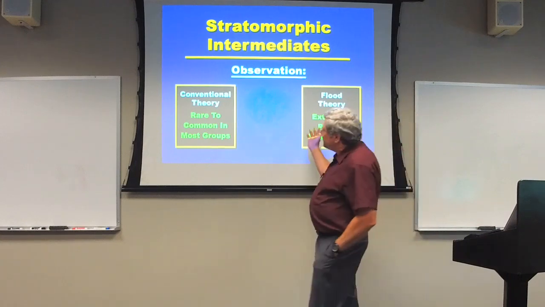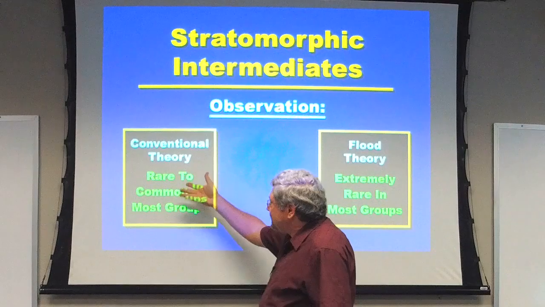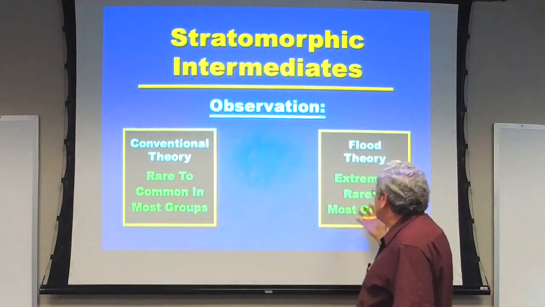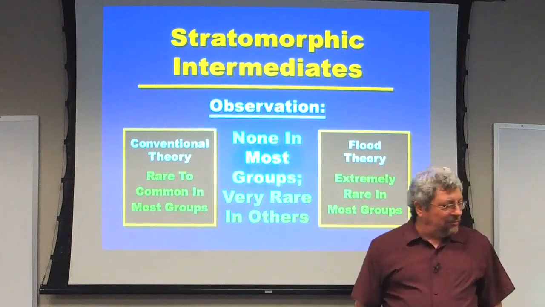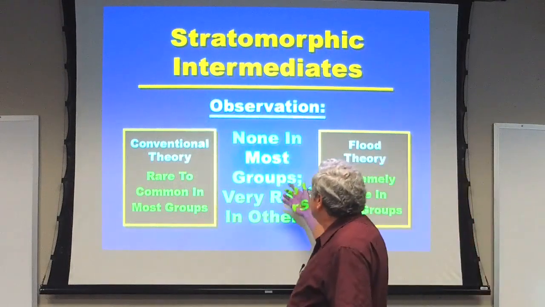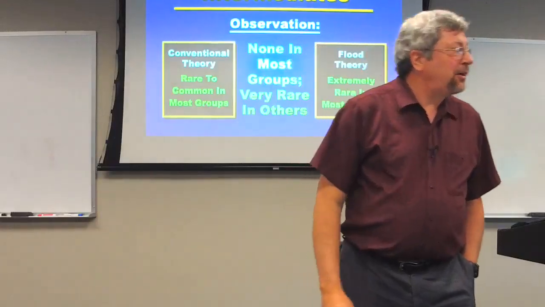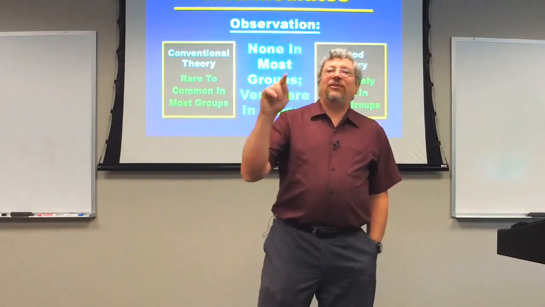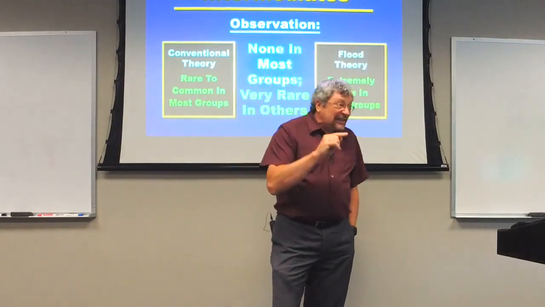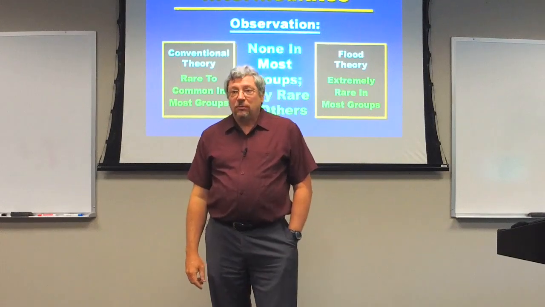So the observation, the comparison here, it's hard to differentiate between these two, but rare to common versus extremely rare, there may not be much of a distinction between it, but in most groups, it's none. In fact, 95% of the fossil record is shallow marine invertebrates. How many stratomorphic intermediates are known or claimed among the shallow marine invertebrates? 0.